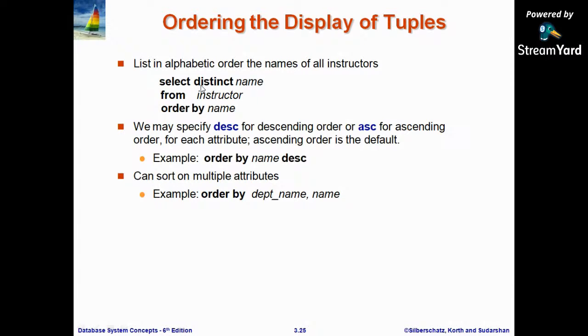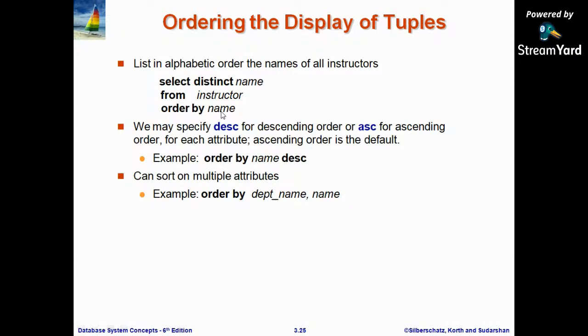We have seen that in the relational table, the order does not matter to us. Only the member or the tuple matters to us. If you want to display the data and you want to order it in any order, you have to use the order by clause. Select distinct name from instructor order by name.